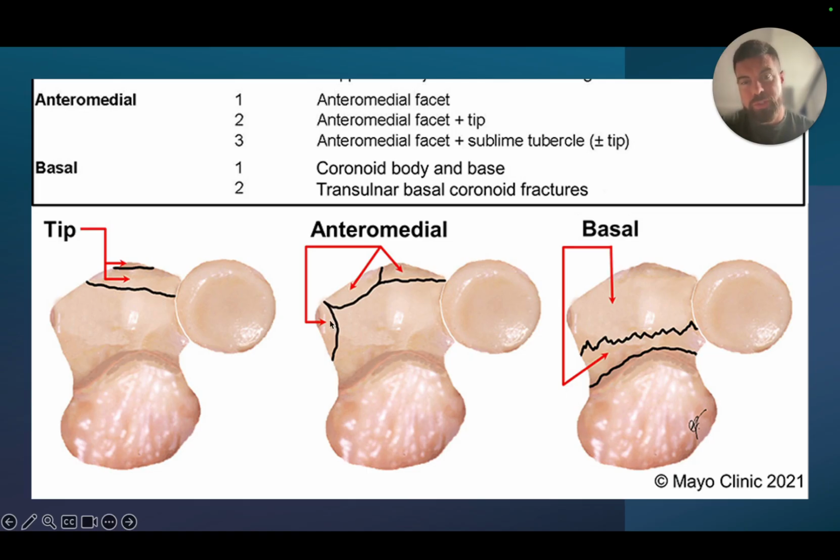And these two boys here, the medial facet and the sublime tubercle, are two very different things.